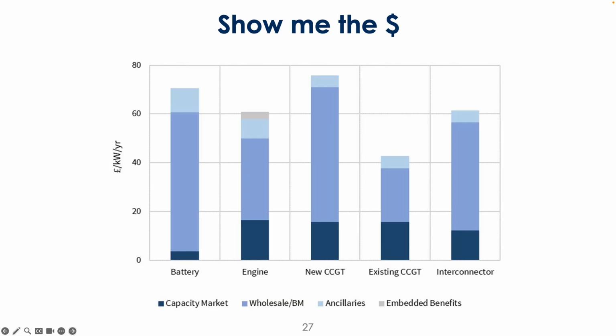This is an example out of some paper looking at this in Europe, but in general, the order of these things is going to look something like this, where your wholesale energy market generally dominates, followed by your capacity market, and then your ancillaries. Although the ancillary value can be larger or smaller depending on the particular type of generating technology. But generally, wholesale is the thing that's going to be making you the most money in a given year.